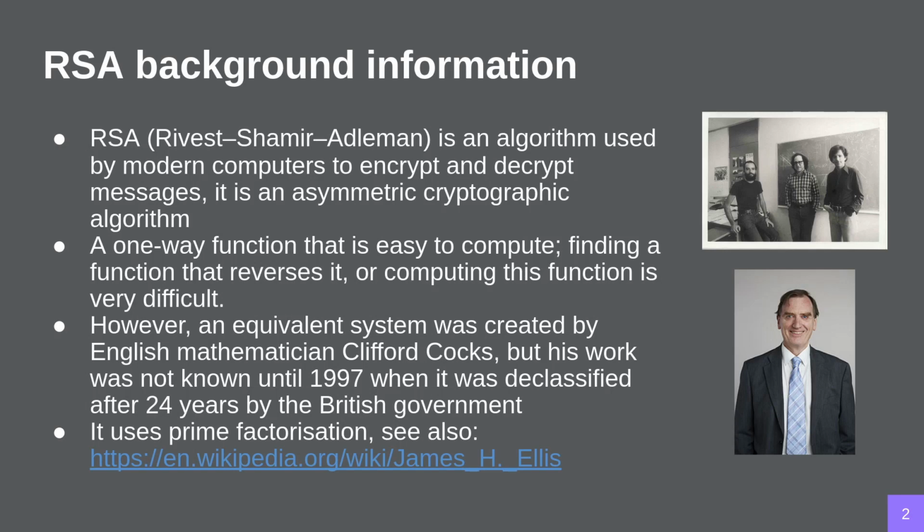We use a one-way function: generating it is quite easy once we know the steps. However, reversing it is very difficult. An equivalent system was apparently created in the UK before it was invented in America, but it wasn't declassified by MI6 until 1997.